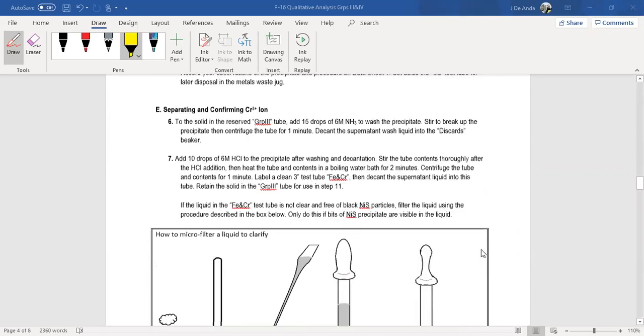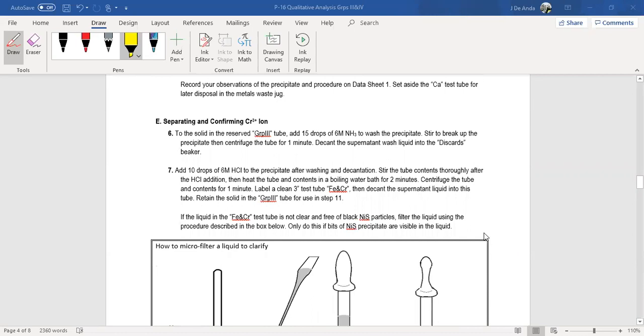One of the problems we have sometimes is that when we do this step, although we would expect to have a supernatant that has the iron and the chromium ions in there, and a pellet that has the nickel sulfide, like it says here, sometimes the liquid is not clear and there are some particles of the nickel sulfide. It doesn't form a very compact pellet.